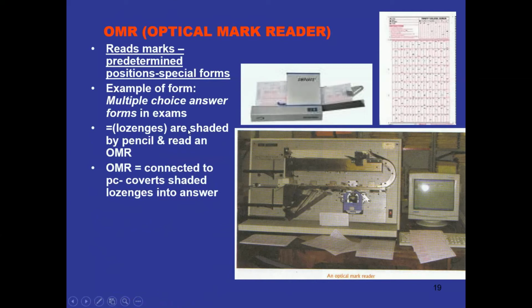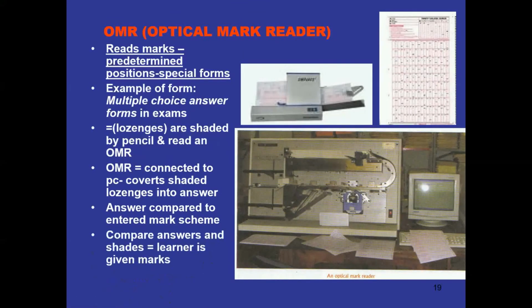The OMR is connected to a personal computer, which converts the shaded lozenges, those equal signs or the small dots or whatever you have to color in, into answers. The answer is then compared to a mark scheme. You remember in the beginning I said there's one with all the correct marks on it. The answers are compared and the learner is given marks.